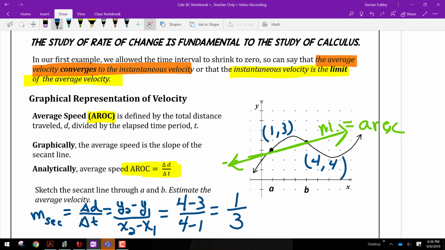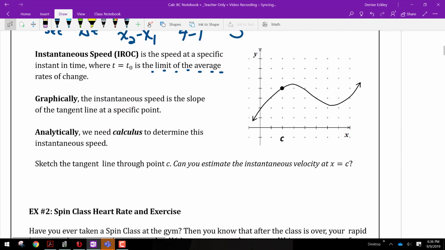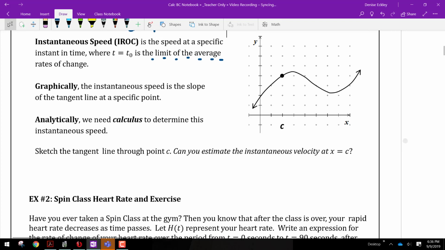So that's the slope of that secant line, or the average rate of change between those 2 points. Now, it is going to change as we change one or both of the points, so please keep that in mind.